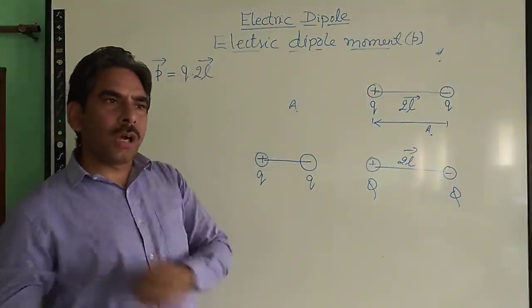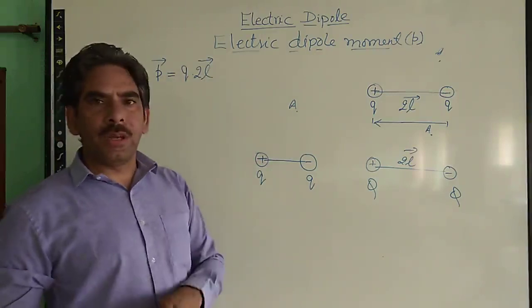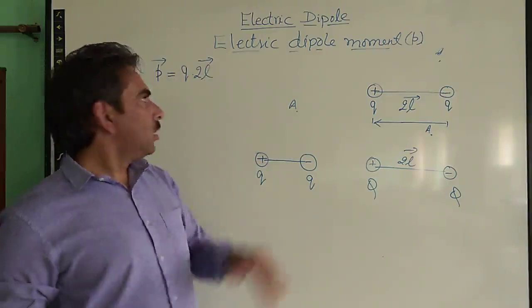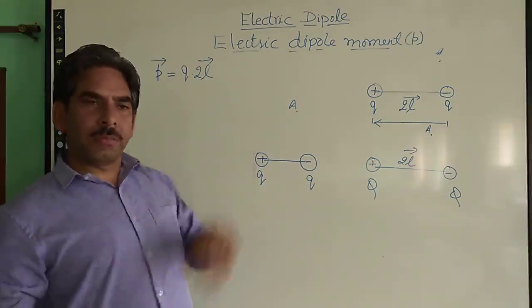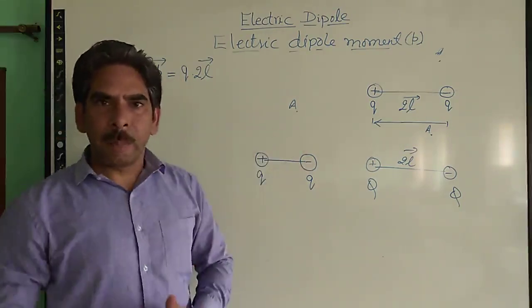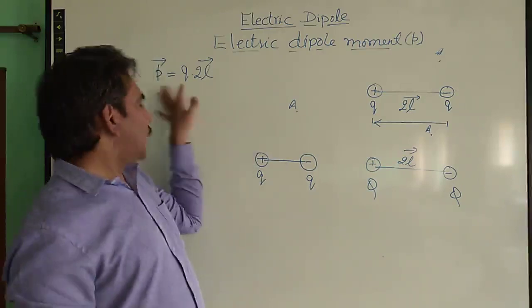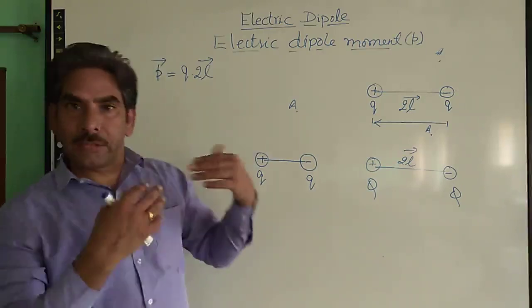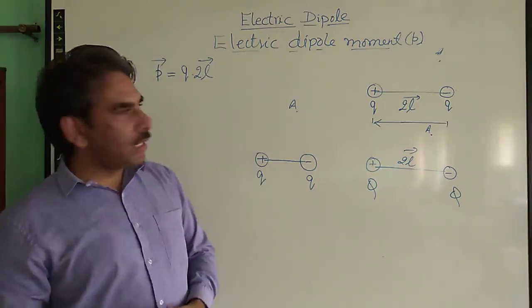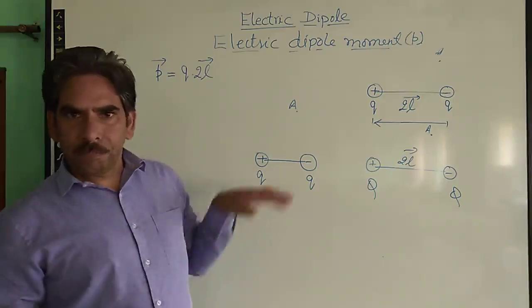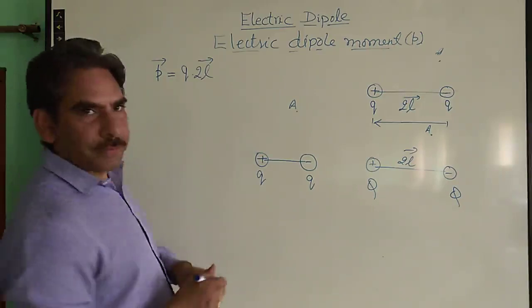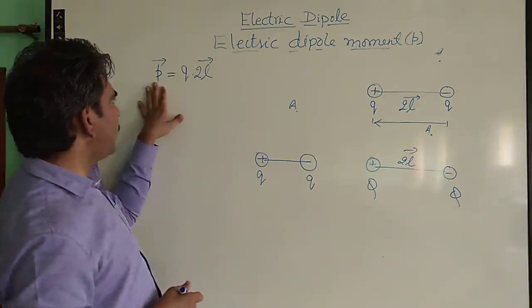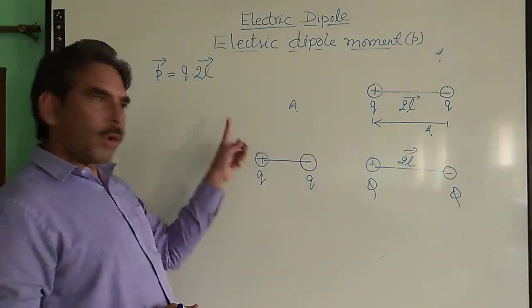Now whenever we talk about the electric field of an electric dipole, we can simply take not the charges but its electric dipole moment into consideration. From the electric dipole moment we can assess the electric field. If the electric dipole moment is more, the electric field will be stronger. We will understand this in the coming articles. And for the sake of units and direction: we have already defined the direction as from negative to positive charge.